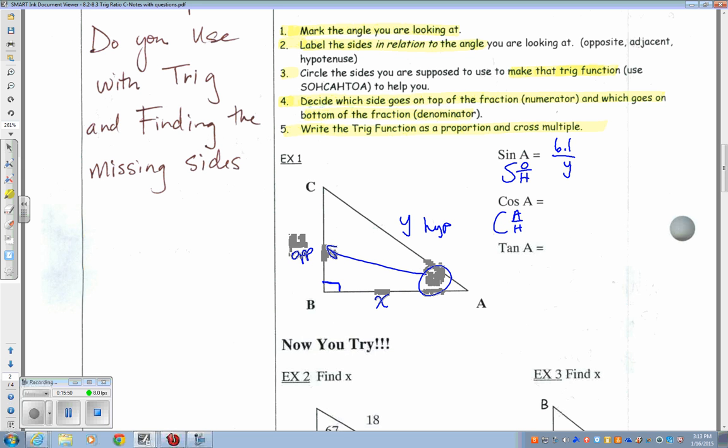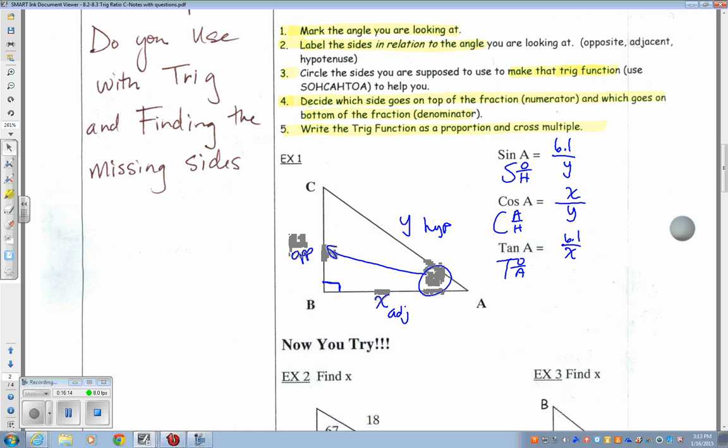What would be the ratio for cosine of angle A? X over hypotenuse, so that'd just be X over Y, right? X is the adjacent side. And then tangent, that's the TOA, 6.1 over X. So just get in the habit of making sure you set up your ratio correctly.